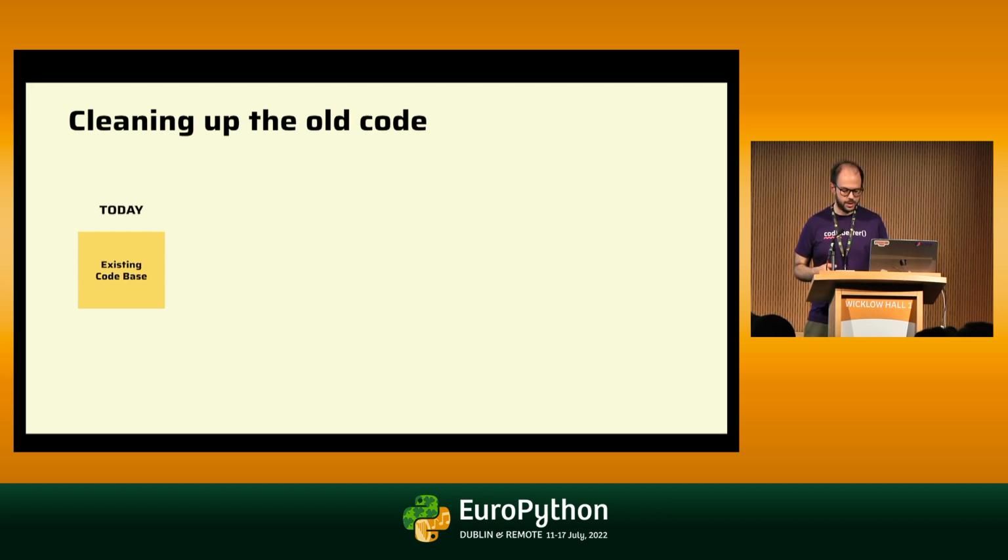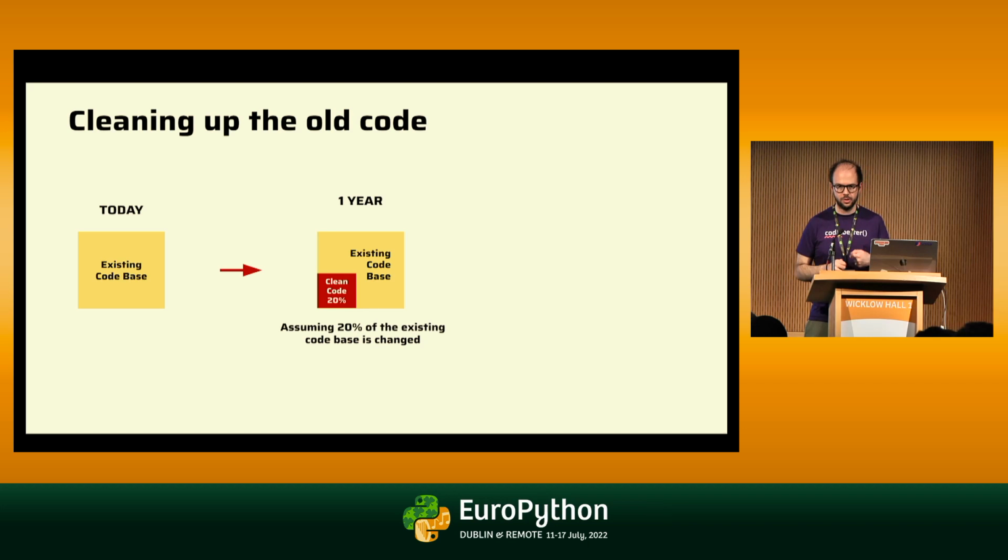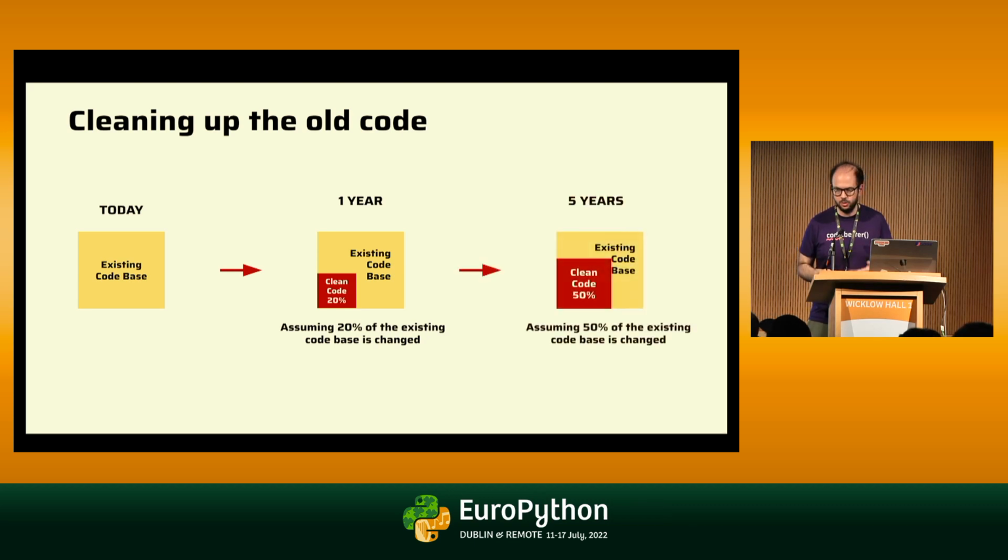If we assume that in 1 year maybe you will need to touch 20% of the existing code base, it means that 20% of the code base will be clean, even on old code. And why is that? Because you put in place this CI check that makes sure that the quality is good. And if we assume that in 5 years maybe you're going to modify half of your existing code base, it means that you clean incrementally half of the code base. So with the clean as you code methodology, you also get this benefit of cleaning incrementally even the old code.